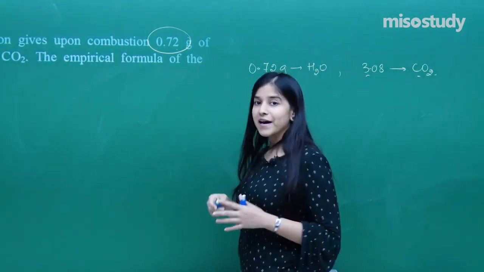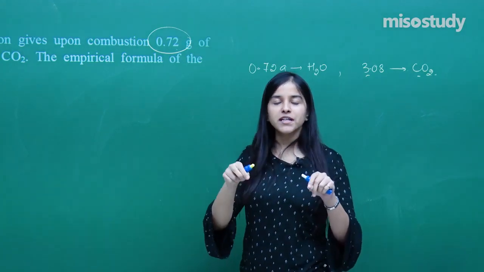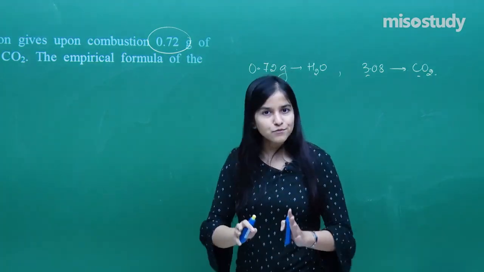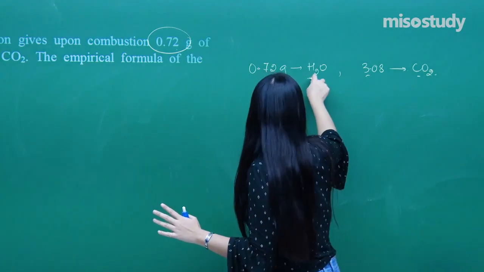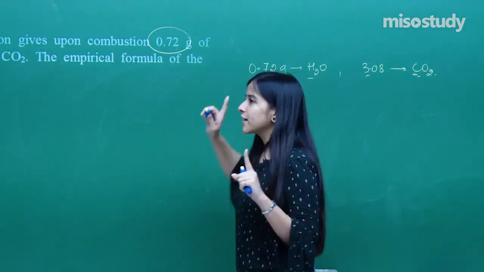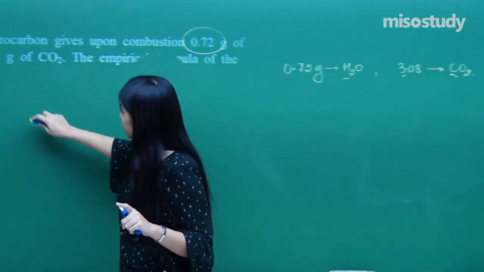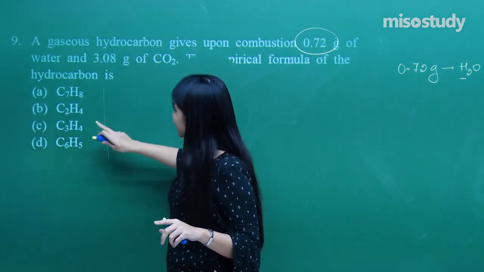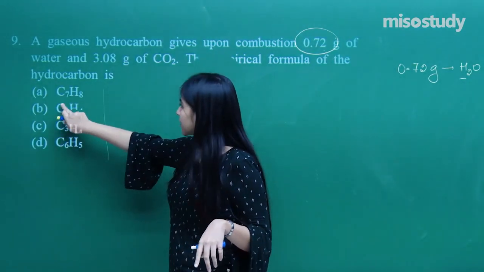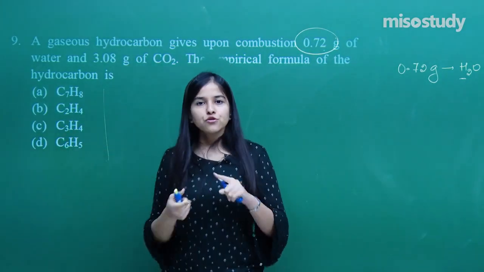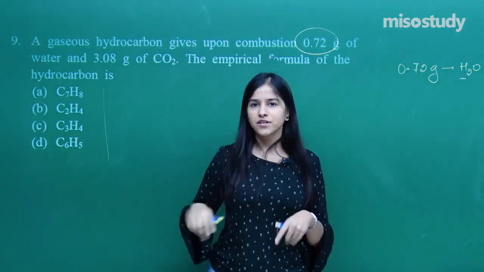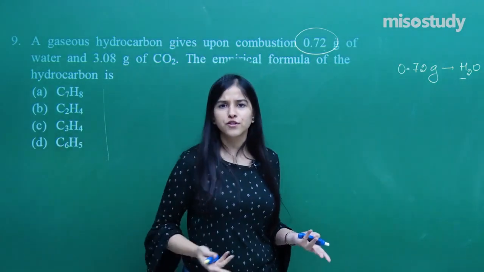So if you just apply the unitary method, you can find out the grams of H and carbon individually. Why am I finding out the H and carbon? Because in the empirical formula, they are just asking about the carbons and the hydrogens, not the oxygen, right? So we can find out the ratio of the two.